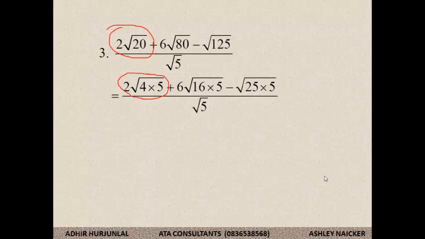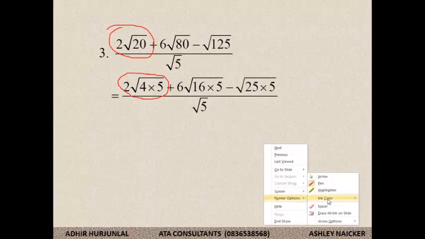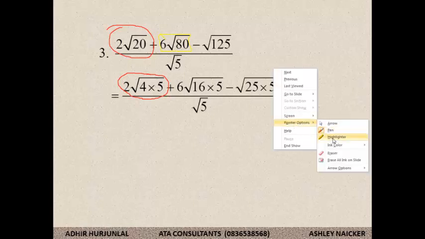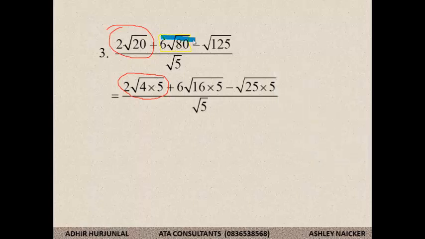Right. 6 root 80. Let me start with different colors just for those of you that are still battling about here. Remember, we are saying, right, 6 root 80. 6 root 80 is the same as 6 times the square root of 16 times 5, because 16 times 5 gives me a value of 80.